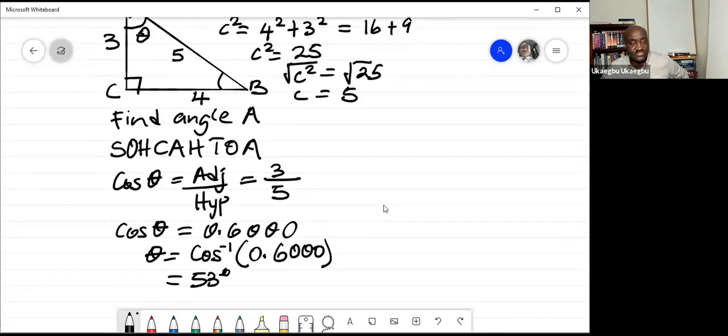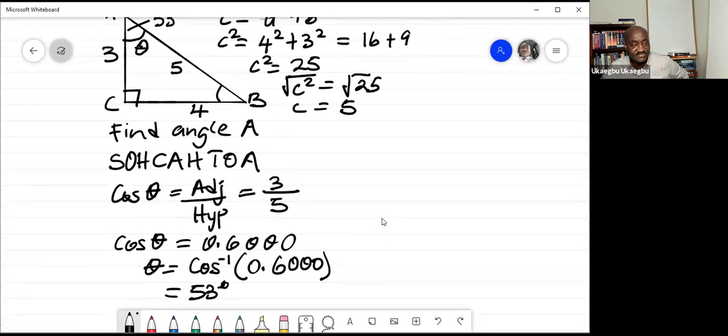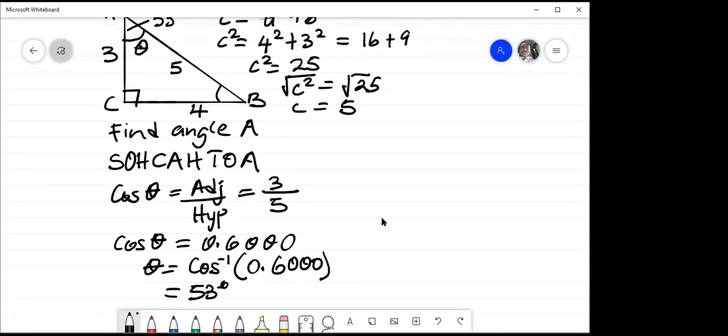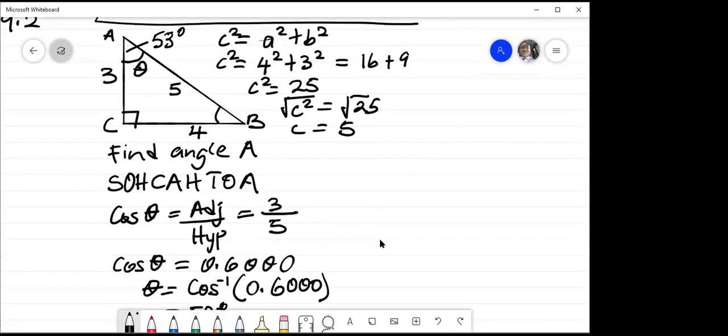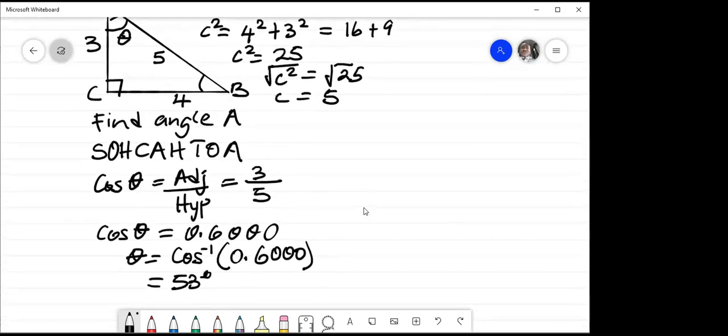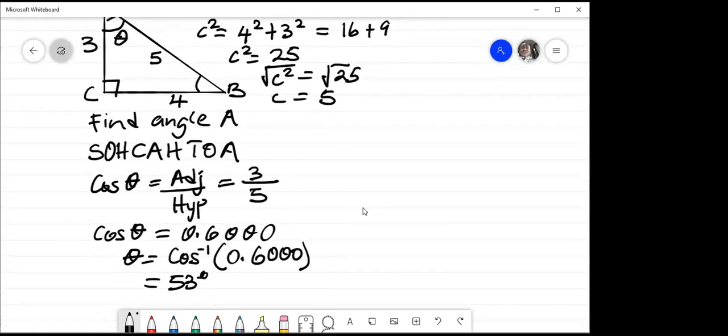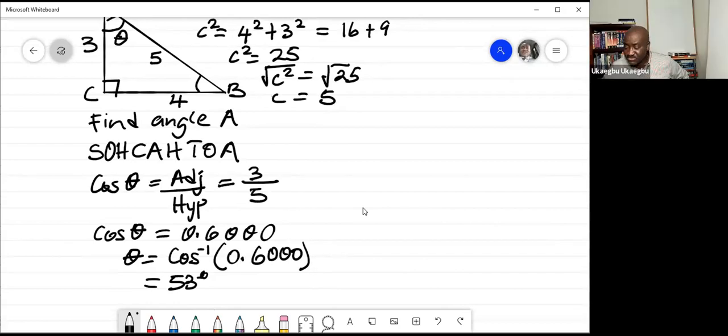By the way, what's the total angle in a triangle? 180. Exactly. So if the total angle in a triangle is 180, and you have two of the angles already, how do you get the third one? You subtract the two angles from 180, and your solution is the last angle. Exactly. Thank you for the assistance.